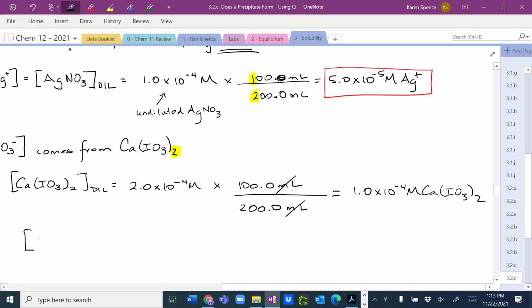What's the concentration of iodate? Tell your partner. Will it be the same as that? Will it be 2 times that? Or will it be half of that?